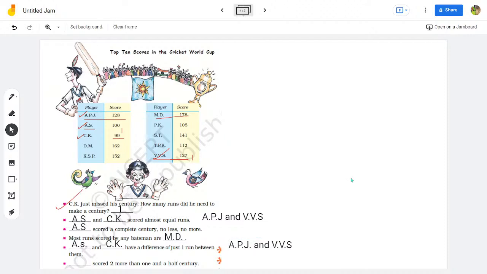Now someone has scored 2 more than 1.5 century. Okay, so let's see. What does 1.5 century mean? We know that 1 century means 100.